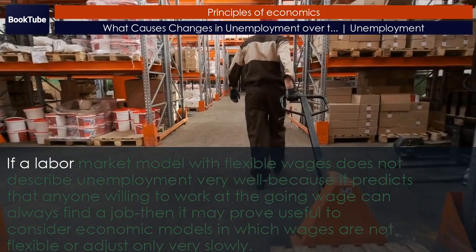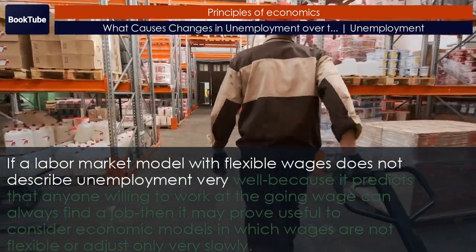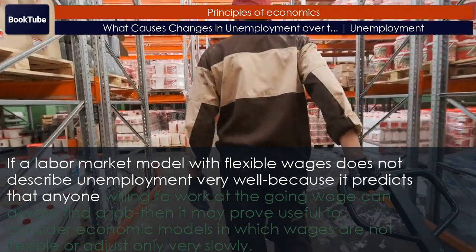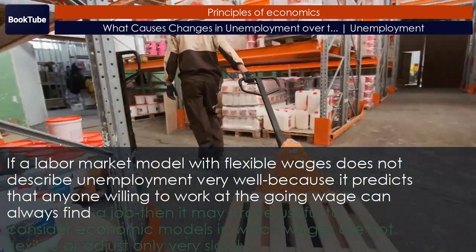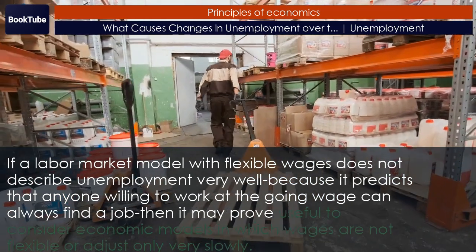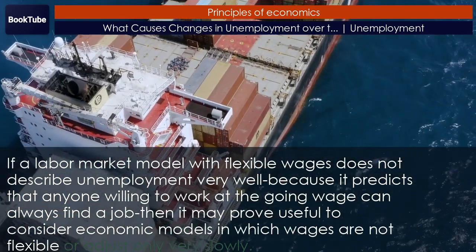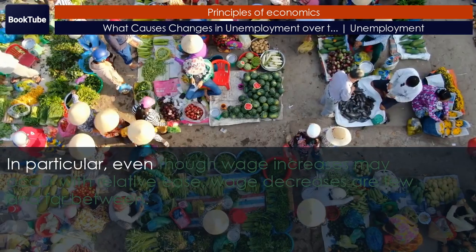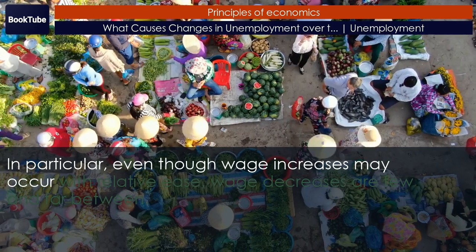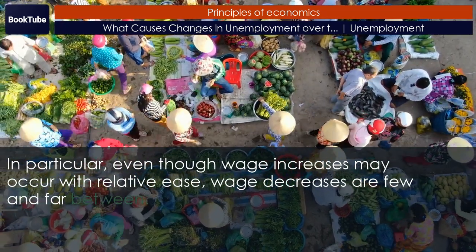If a labor market model with flexible wages does not describe unemployment very well, because it predicts that anyone willing to work at the going wage can always find a job, then it may prove useful to consider economic models in which wages are not flexible or adjust only very slowly. In particular, even though wage increases may occur with relative ease, wage decreases are few and far between.